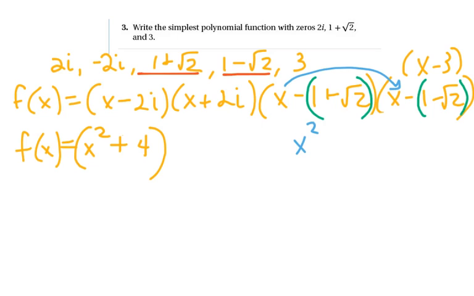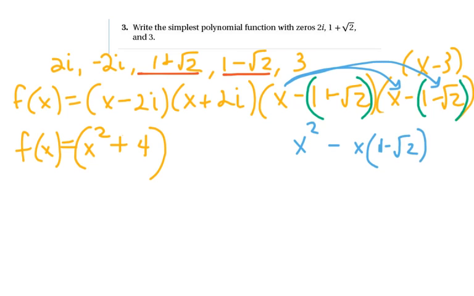Okay, so now I have minus, I'm multiplying this times this, and I get minus x times 1 minus root 2.